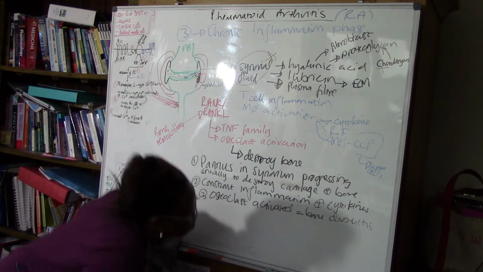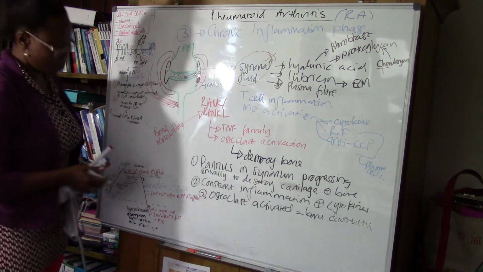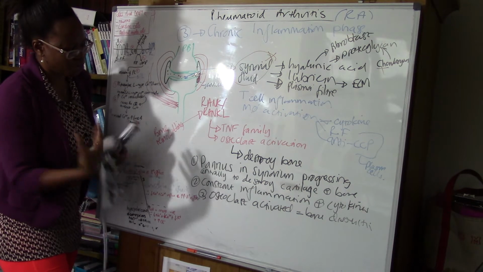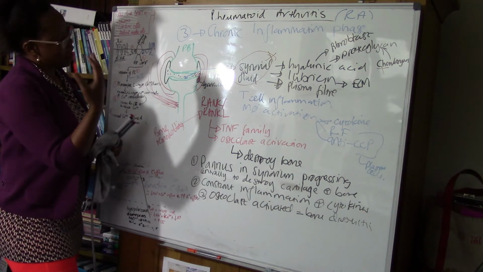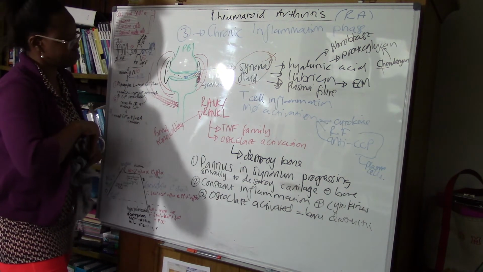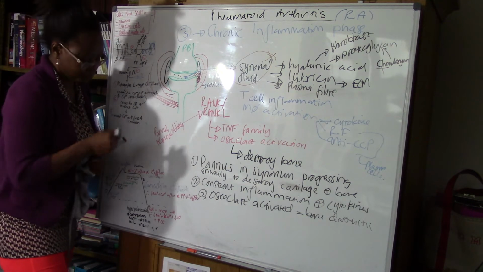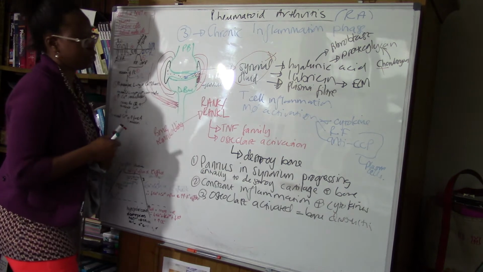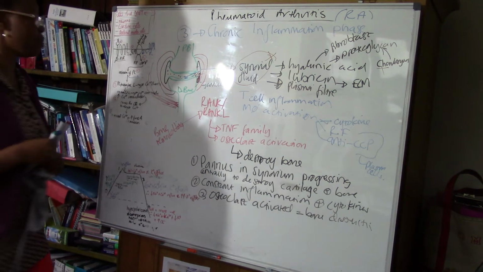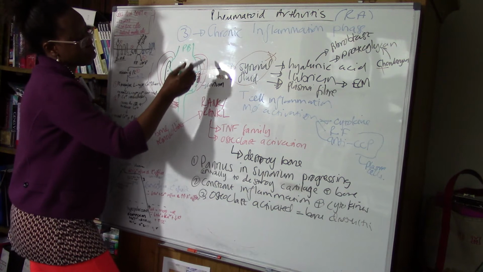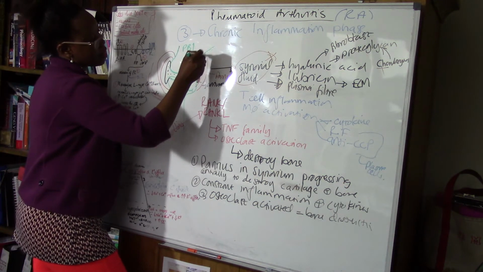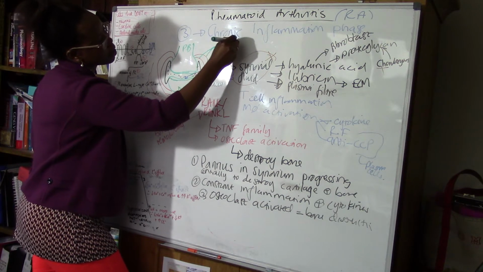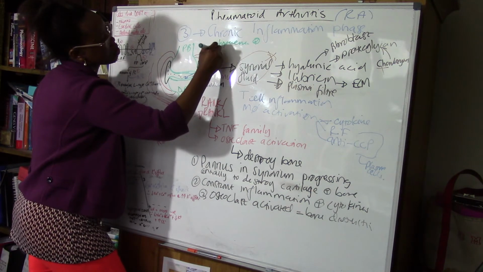And really, once bone destruction occurs, the pathology is more pronounced, and again, with a pronounced pathology, with pronounced inflammation, we will then have the atrophying of ligaments and capsule.